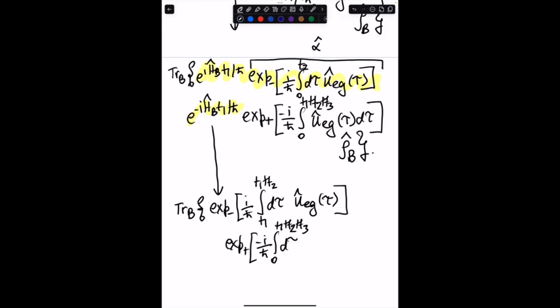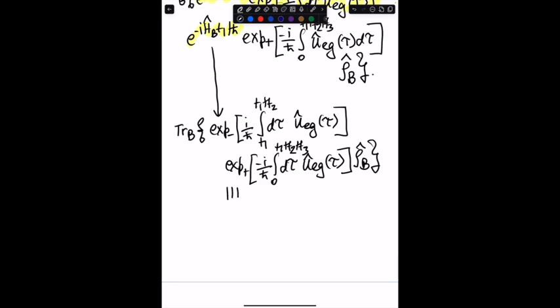T tau, which is the variable of integration, and then you have eg tau with the Bath equilibrium density operator, which again can be recast as the equilibrium Bath expectation value of the product of these two time ordered integrals. t1, t1 plus t2, d tau, you had eg tau.